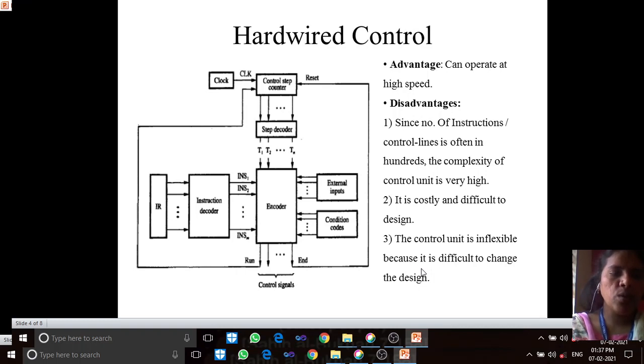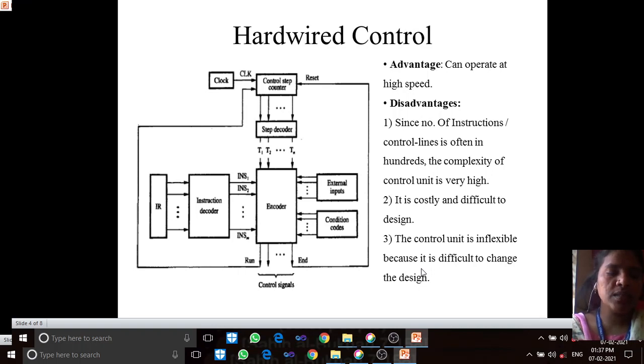Encoder. The encoder gets the inputs from the instruction decoder, step decoder, external inputs and condition codes. Once the encoder accumulates all the inputs, it uses them to generate individual control signals. What is the output of the encoder?